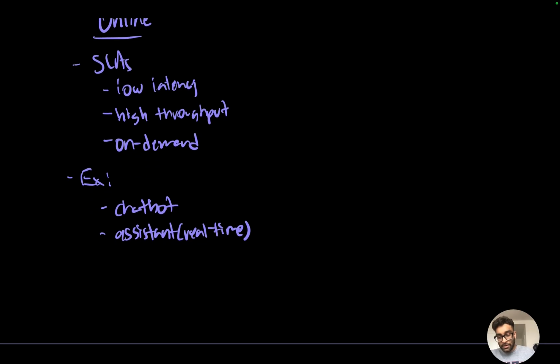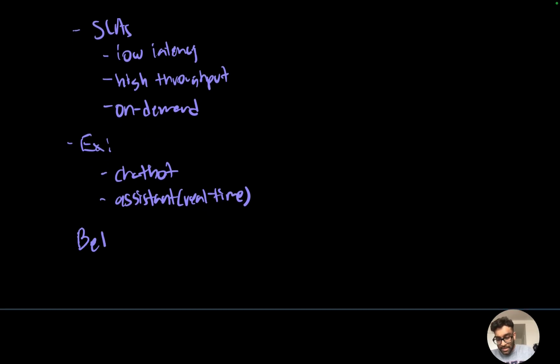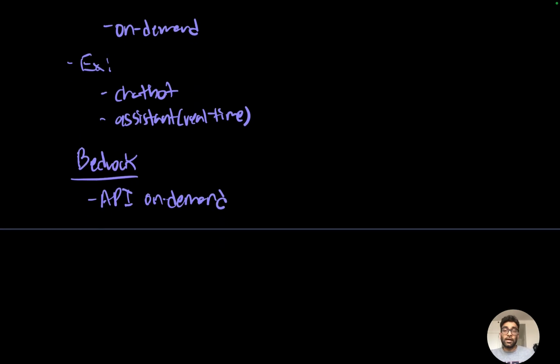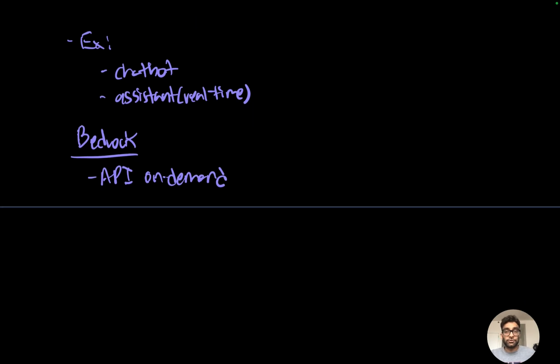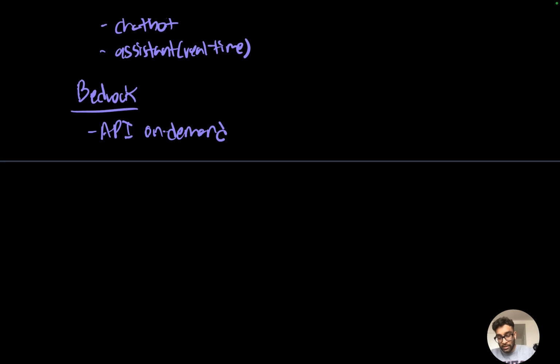And within Bedrock, as we've explored in the past, there's the API where you can use on demand inference, where you pass in the model ID and invoke the model on demand. You'll get an instantaneous response with whatever latency or SLAs that model's taking. There's also provisioned throughput within Bedrock.